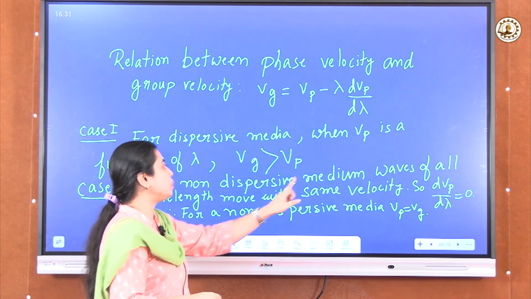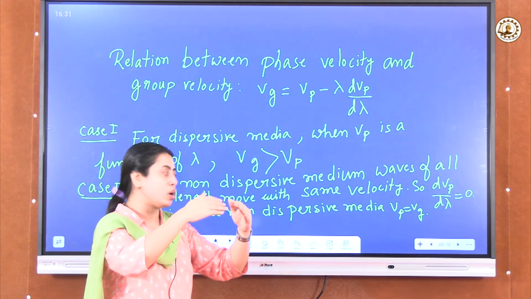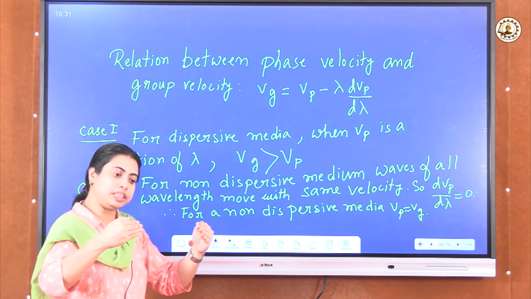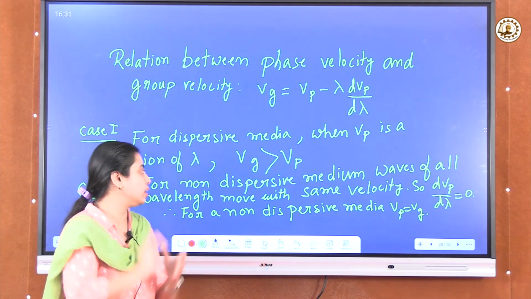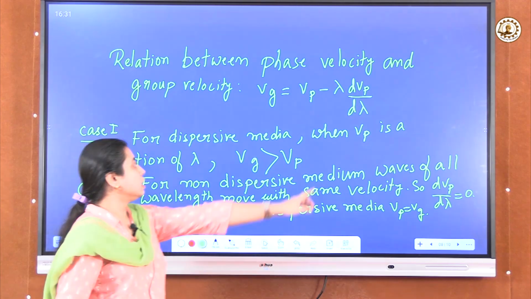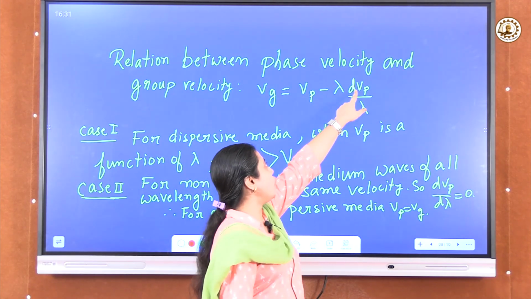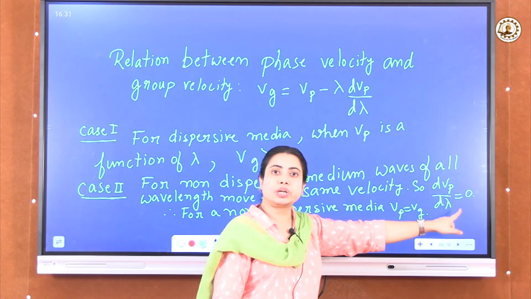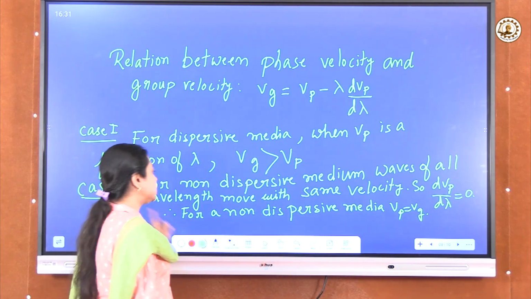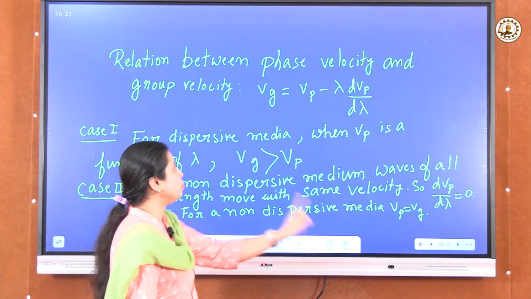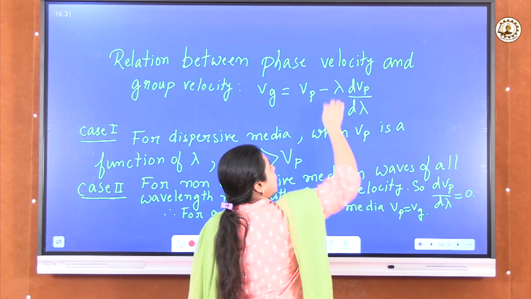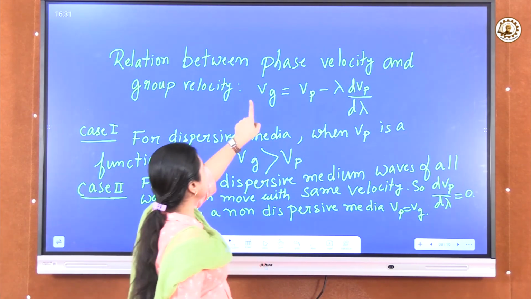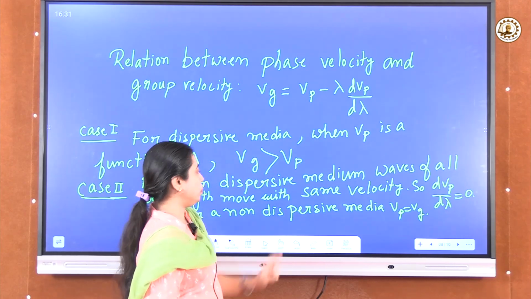But for non-dispersive media, the waves of all wavelengths, whatever the wavelength is, move with the same velocity together. As a result, the derivative of phase velocity with respect to lambda becomes equal to 0. Hence, for a non-dispersive media, if this whole term is 0, then Vg is equal to Vp.